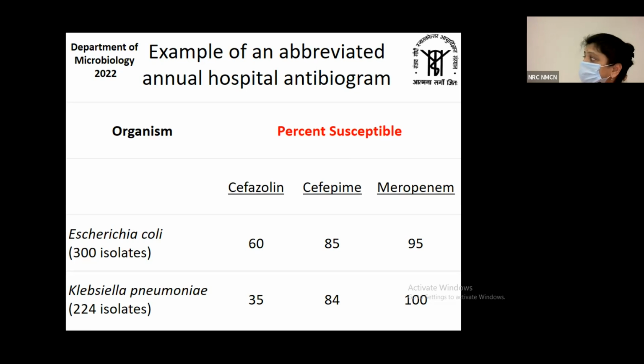The denominator is 300 isolates of Escherichia coli, out of which 60% are sensitive to cefazolin. If I have tested 224 isolates of Klebsiella pneumoniae, then 100% of the isolates are susceptible to meropenem. Please understand this. Please remember this. Otherwise, it will lead to errors in a hurry, because we don't give so much time to what we are reading. So we have to understand that this is always percentage susceptible. It is never resistant. And the denominator is the total number of isolates, right?